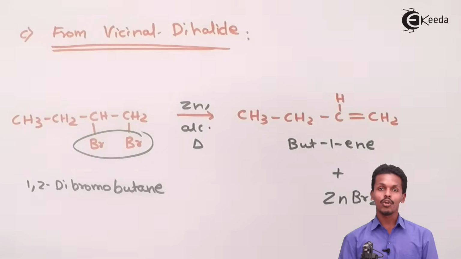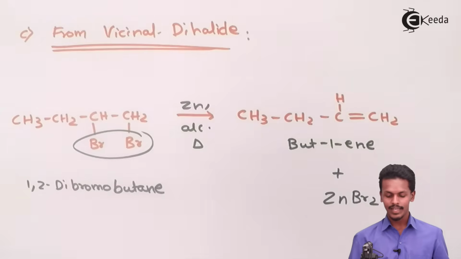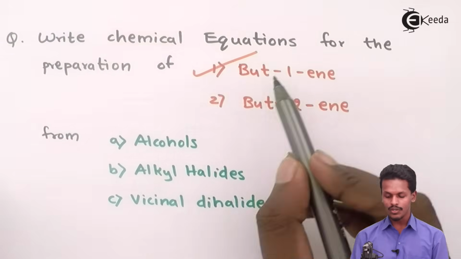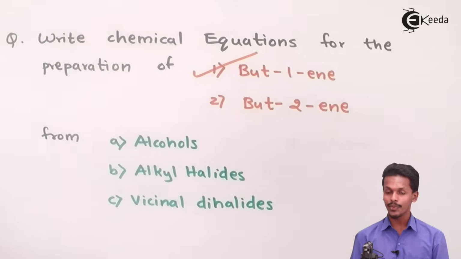Now let us talk about the other one. The first question has now been done, that is we have easily converted all of this to but-1-ene, and now we are talking about the formation of but-2-ene. So let us talk about that also.